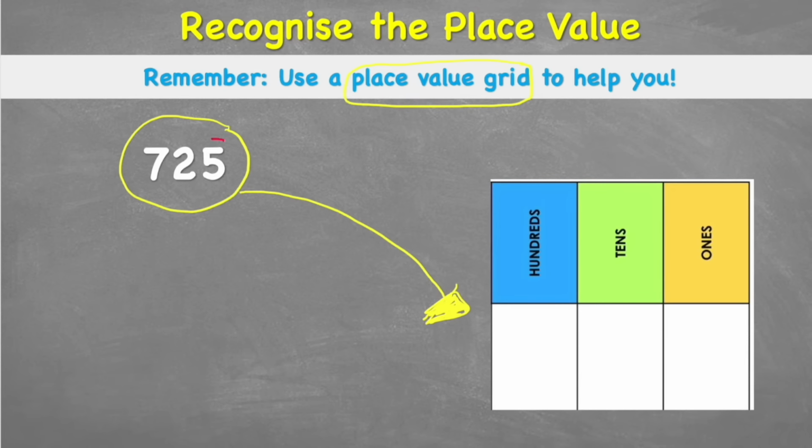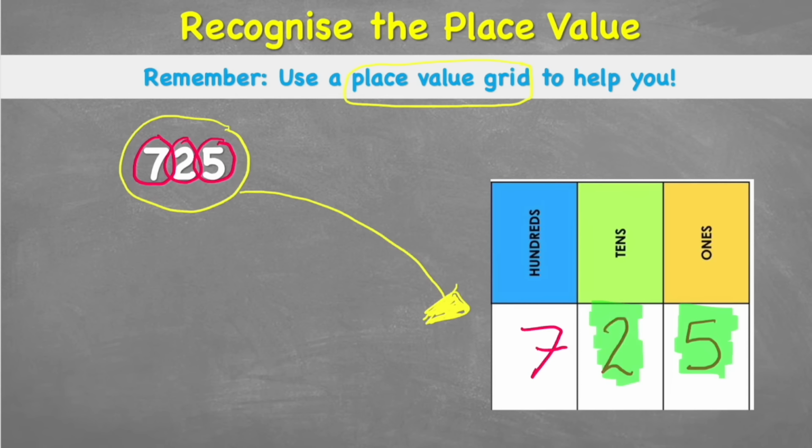So our 5 would go inside our ones column, our 2 would go inside our tens column, and our 7 will go inside our hundreds column. Therefore, what we're saying is that we have 5 ones, 2 tens, and 7 hundreds.